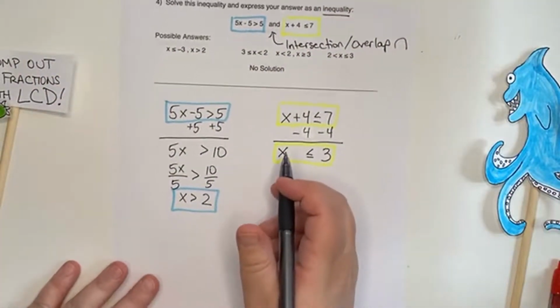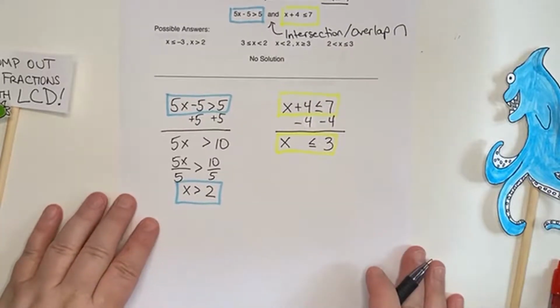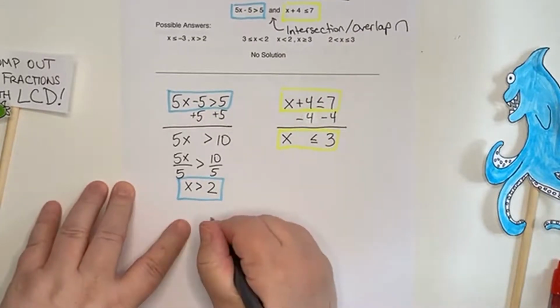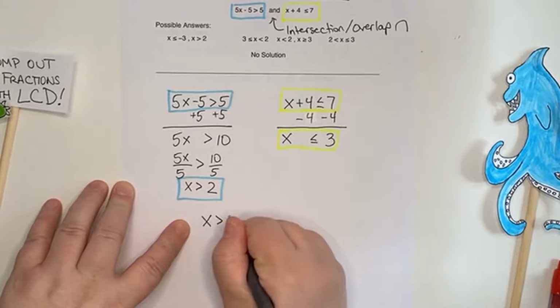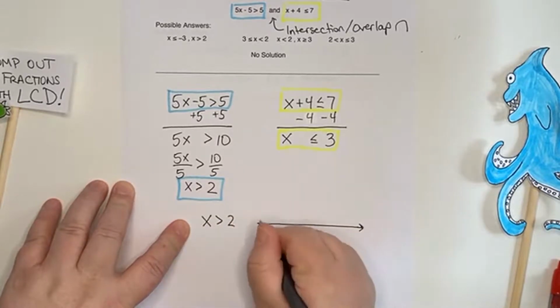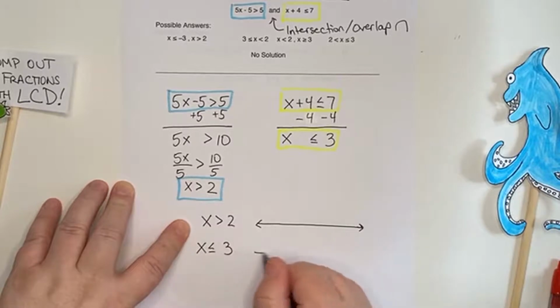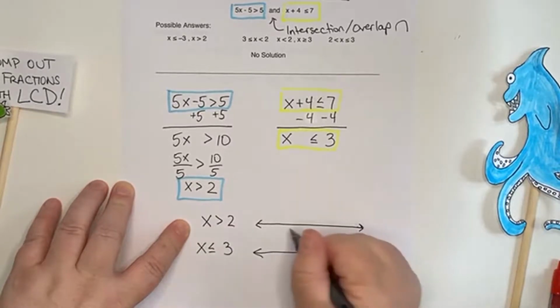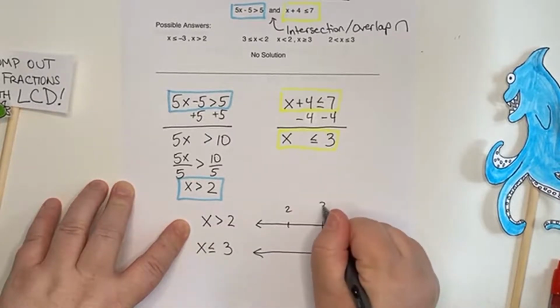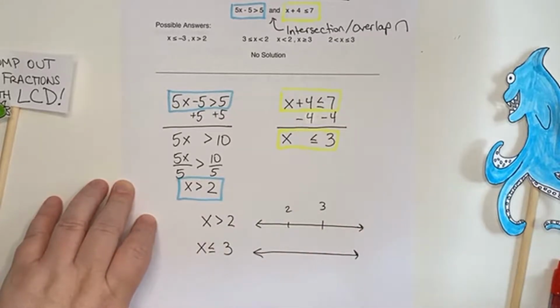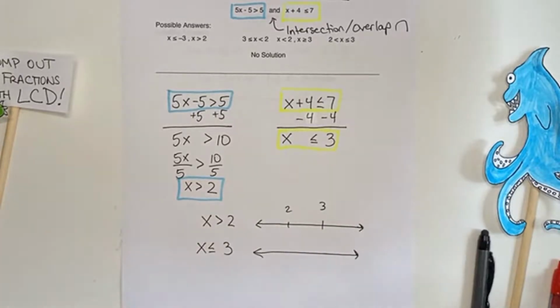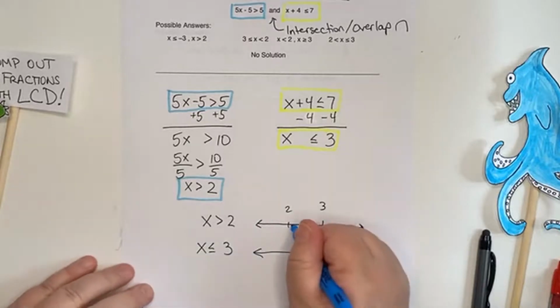So I'm going to set these two up. There's a lot of ways to do this. You don't have to follow this method, but I'm going to say x is greater than 2. I'll set up a quick little line. And then x is less than or equal to 3. I'll set up a quick little line. I'll put 2 there and 3 there because those are the big players in this one. Now for the blue one, it's x is greater than 2.